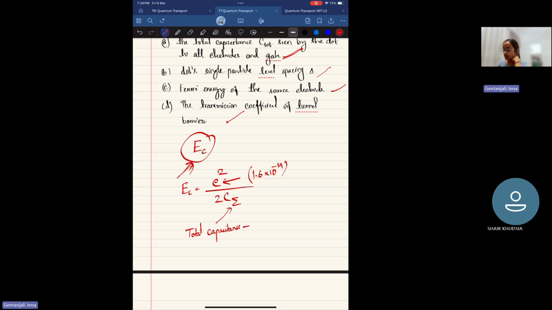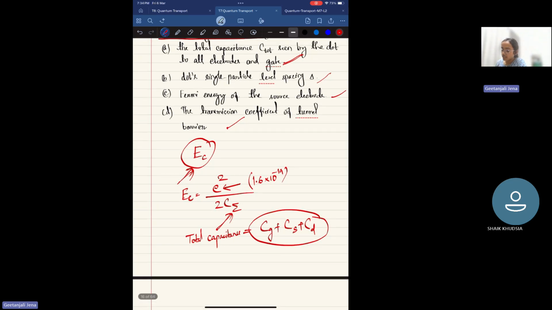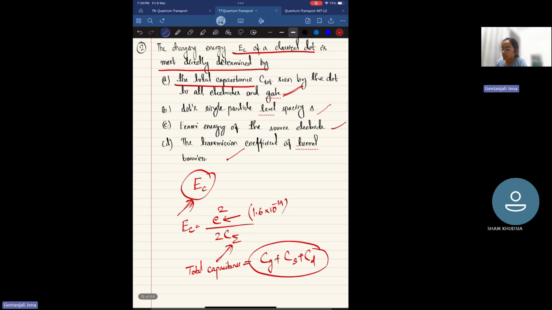You have a capacitance because of this gate, a capacitance because of this source, and also because of this drain. So this takes into account the capacitance because of all the elements present in the nanoscale device. So that means EC you can calculate if you know the total capacitance seen by the dot to all electrodes. Option A.